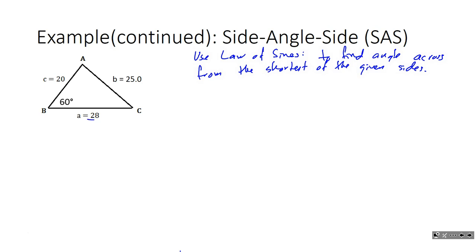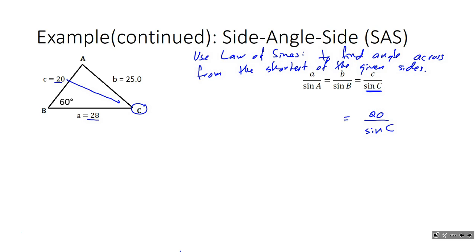Well, what was given? 28 and 20 were both given, so the angle across from the shortest of the given sides would be over here, this C. Well, here I pulled up the law of sines so that we can do that. All right, let's use the one involving C here. And so that would be 20 over the sine of C. And yes, I do realize we certainly don't know the C there, so we can't put a number there.